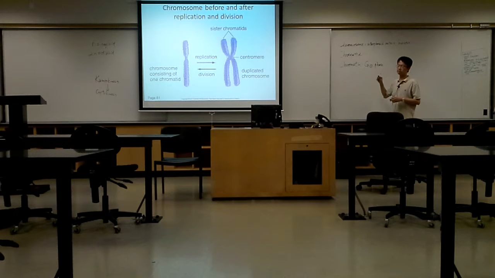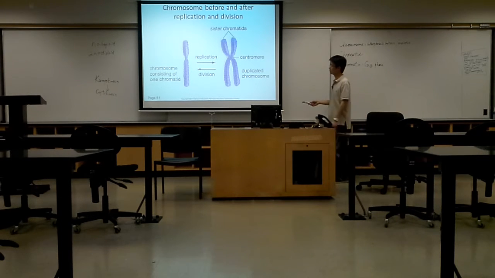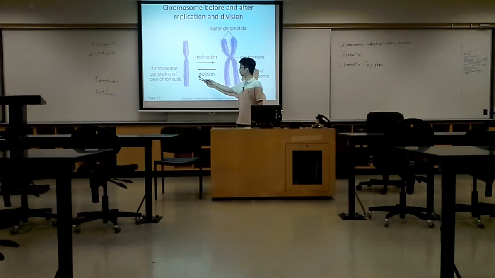When the cell goes to interphase, the chromatin will condense, pack, coil, and wrap up itself, and then it will form chromosome. So we call this chromosome. Chromosome is basically formed by threads of chromatin.